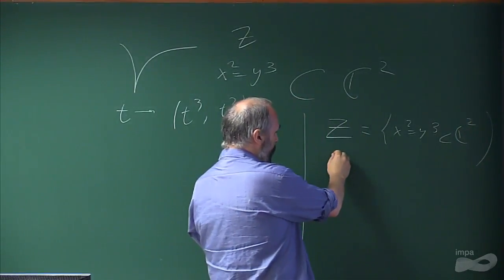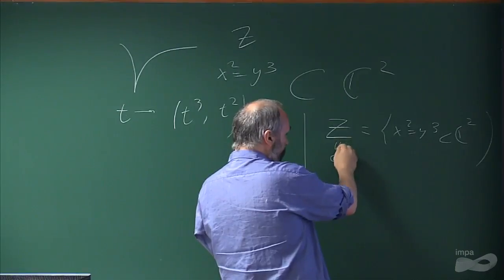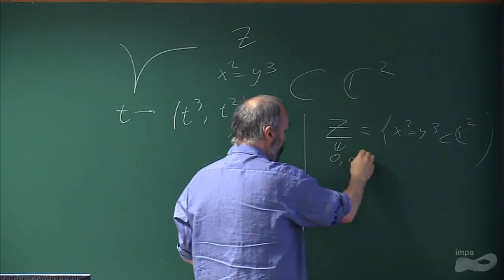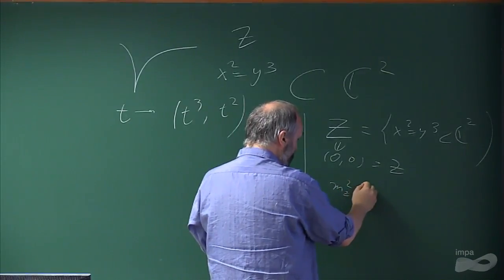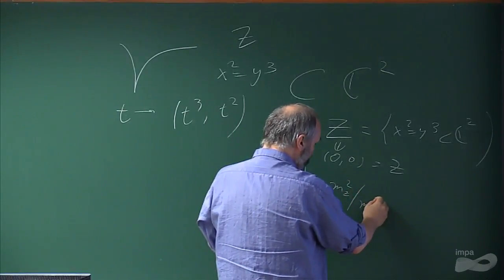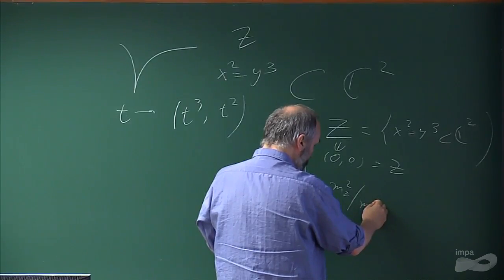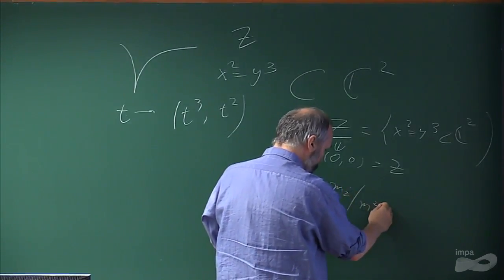And then you can take the point 0, 0 inside it. Let's call it Z. And then you can take m by m squared, sorry.